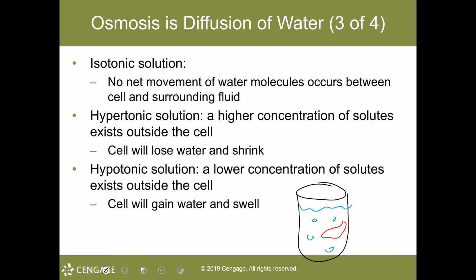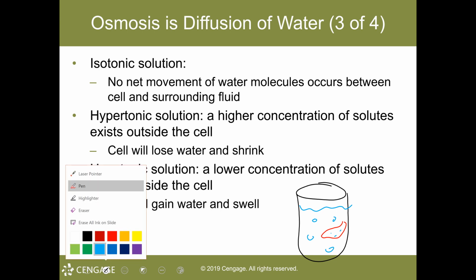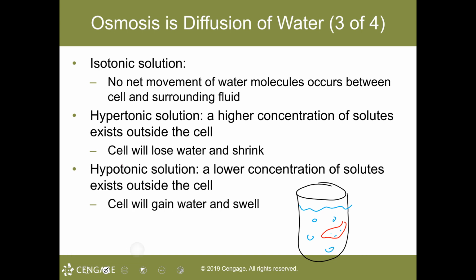In said red blood cell, we have solute, solute, solute, solute, solute, solute. Class, it's isotonic.